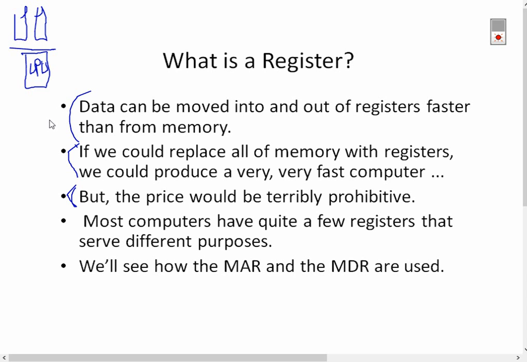So the objective there is I can get the data into the cache, and then it's faster to move from the cache directly into the CPU, so it can aid in processing. In fact, what normally happens there is that I will transfer a large number of addresses into the cache such that the CPU can fetch them and execute them without having to wait a couple of cycles to move that in from the memory.